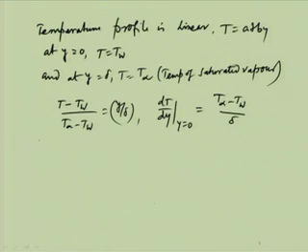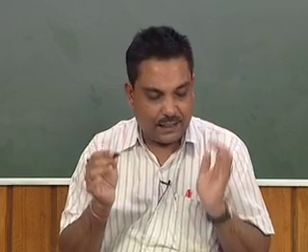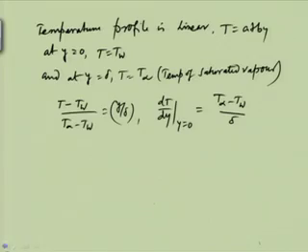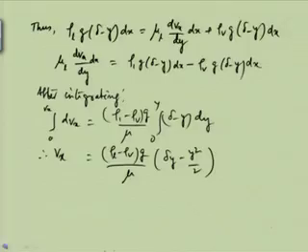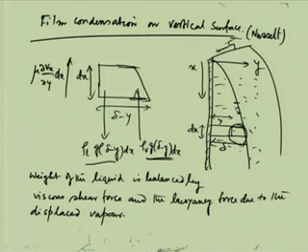Now, what happens when condensation takes place? One thing we should see here, if we look at the diagram, is that the heat from the vapor, which is getting condensed, is being transferred through the film.